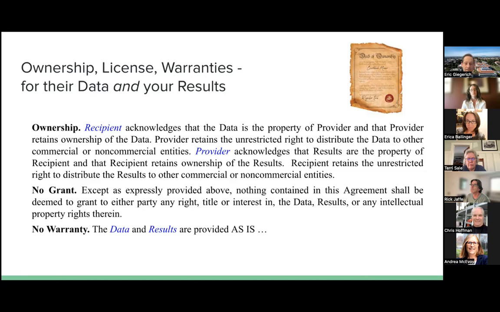The provider's data is as given. We want to make sure that the definition of Data with a capital D does not include what the university does, because we don't want the provider at the end of the day owning your work product or parts of your thesis, right?